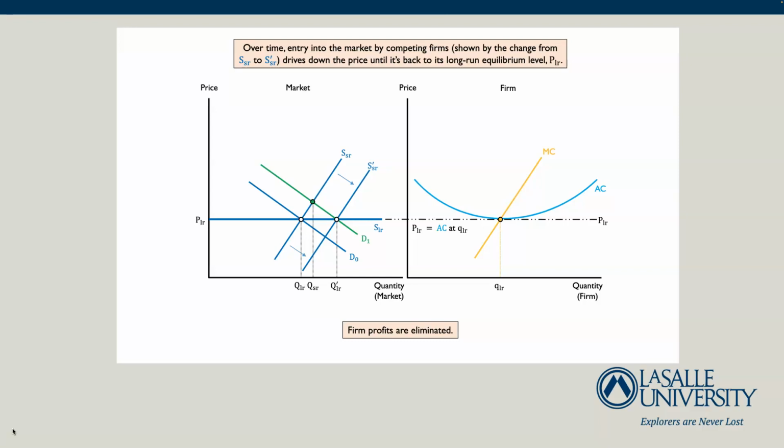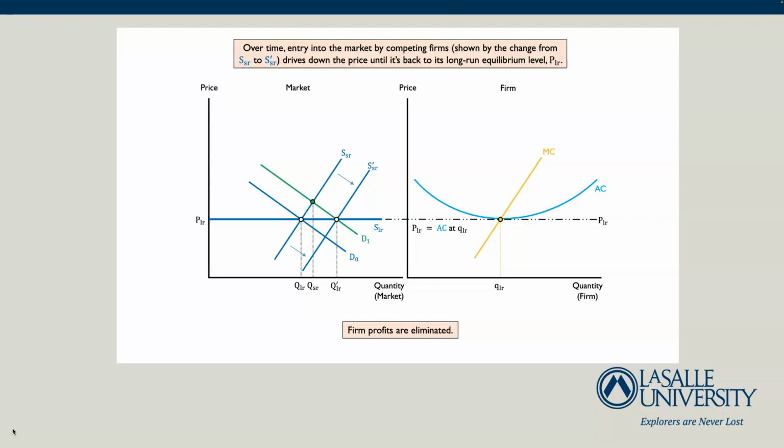And entry to the market by competing firms exactly like the one on the right drives down the price until it's back to its long-run equilibrium level, PLR. So that downward and rightward shift in the short-run supply curve from SSR to S prime SR leads to that falling price and a situation where all firms are again operating at that lower long-run equilibrium price.